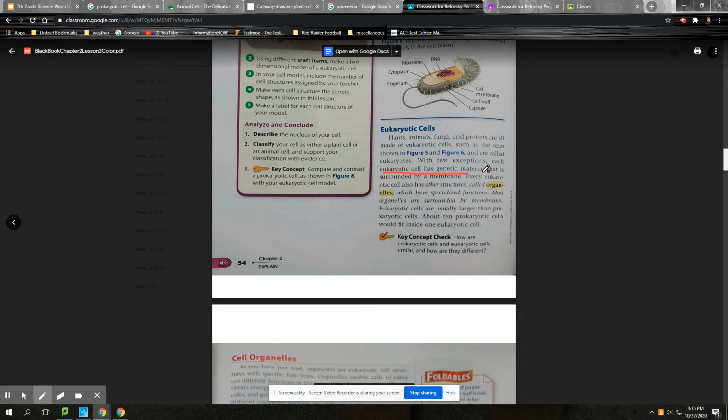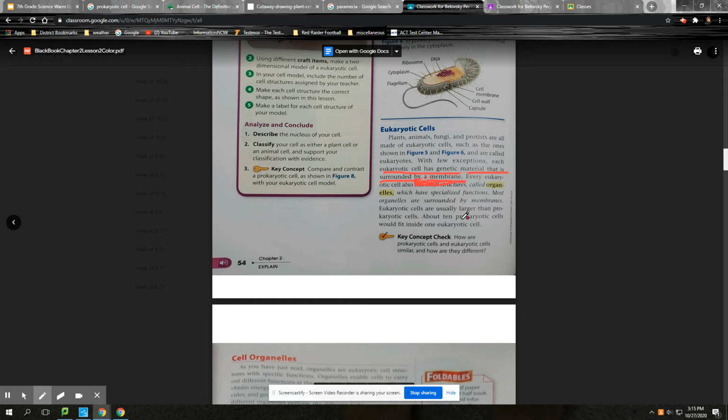A eukaryotic cell has genetic material that is surrounded by a membrane. Let me straighten that up a little bit so that you can read it. I cannot go straight today. A eukaryotic cell has genetic material that is surrounded by a membrane.